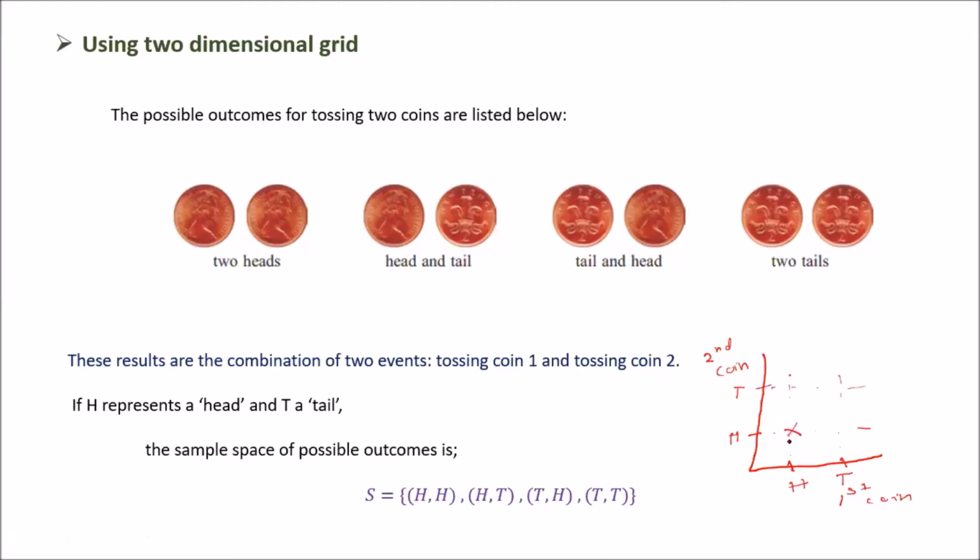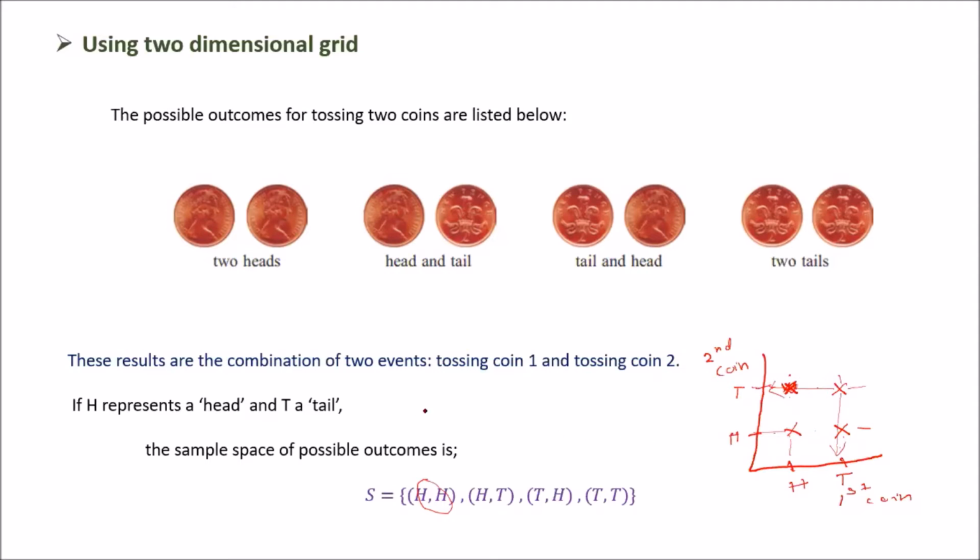This one is obtaining head from both coins. Next, this is the event of obtaining head from the first coin and tail from the second coin. Then we mark the event of obtaining tail from the first coin and head from the second coin like this. And this is the event of obtaining tail from both coins.